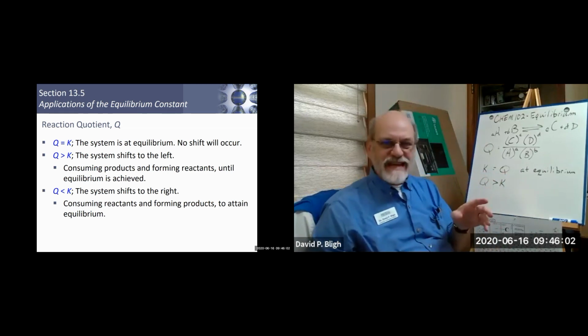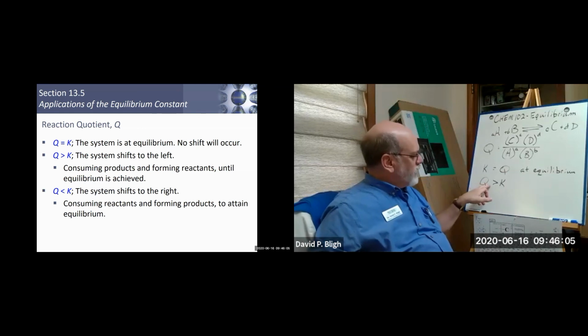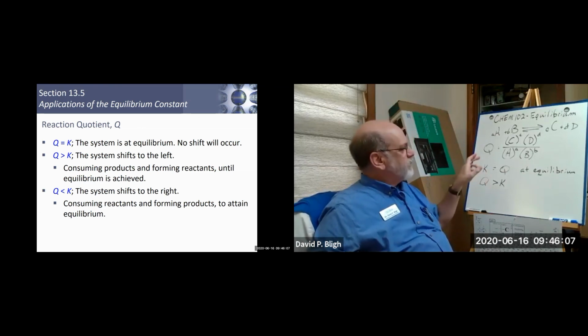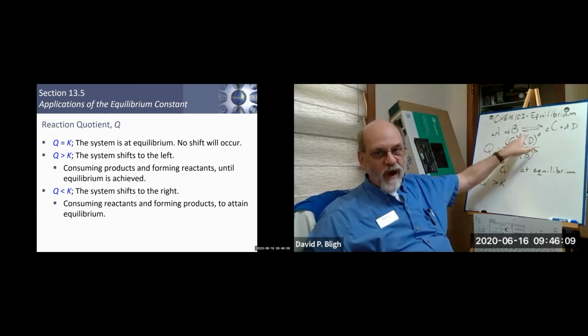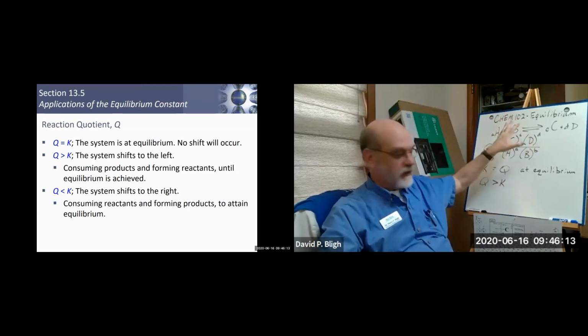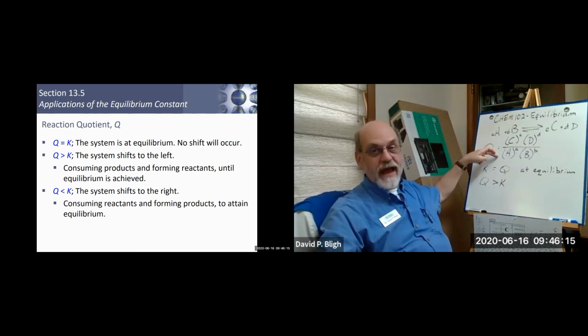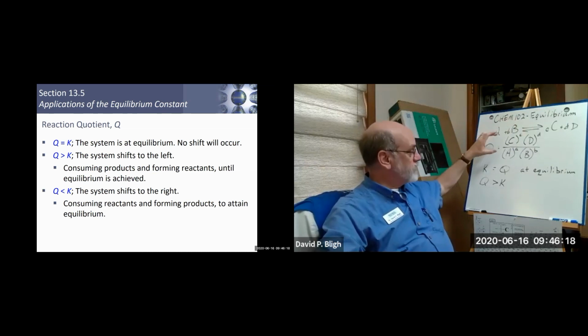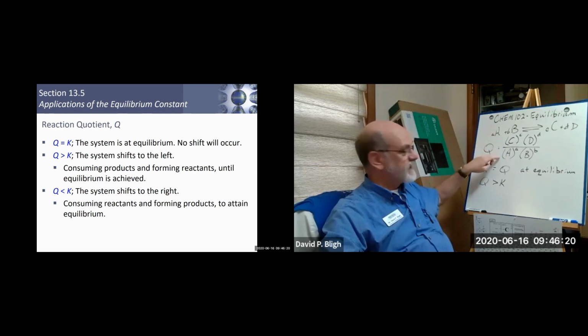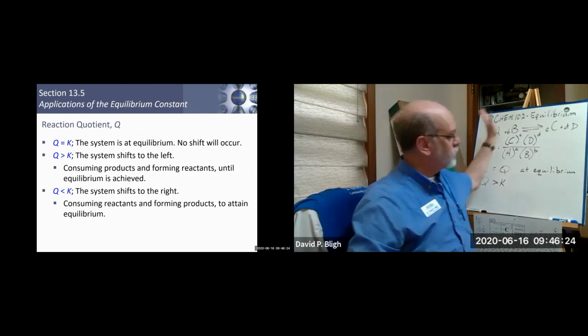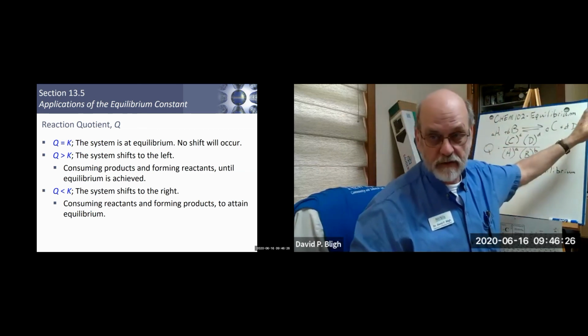What does that mean? If Q is greater than K, that means we have more product than we would at equilibrium and less reactant, right? Because Q is bigger. This is bigger than it should be, and that's less than it should be. That means Q is skewed toward products.